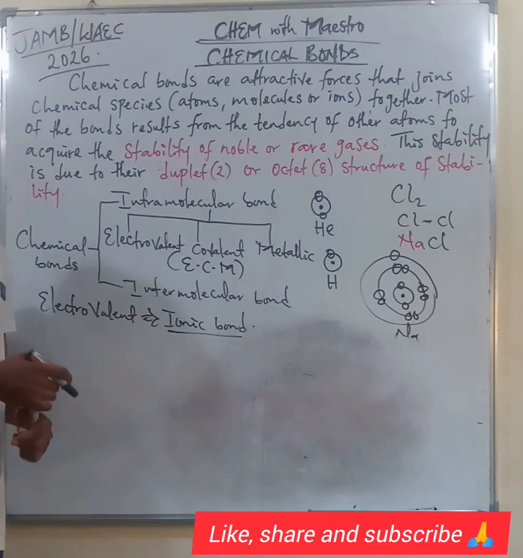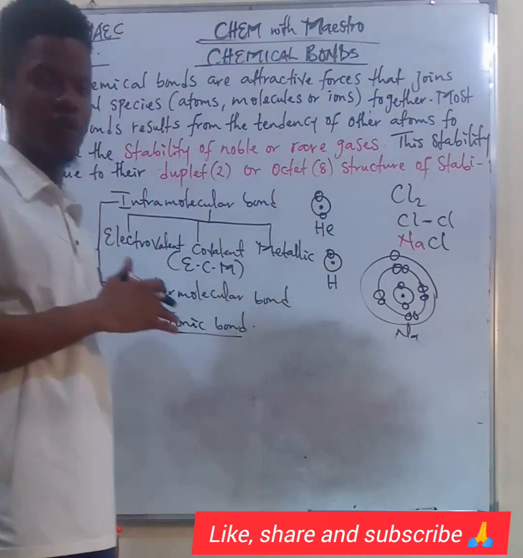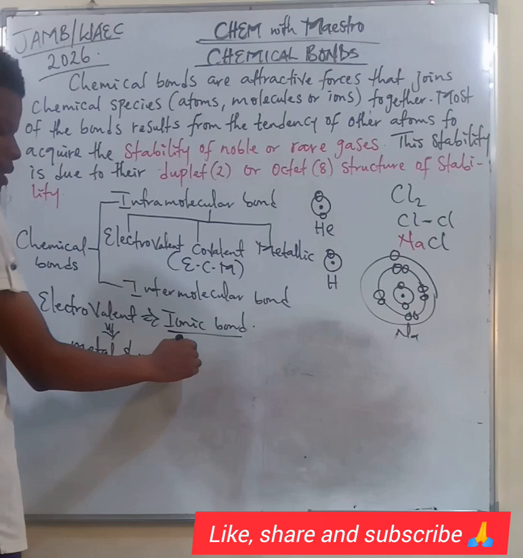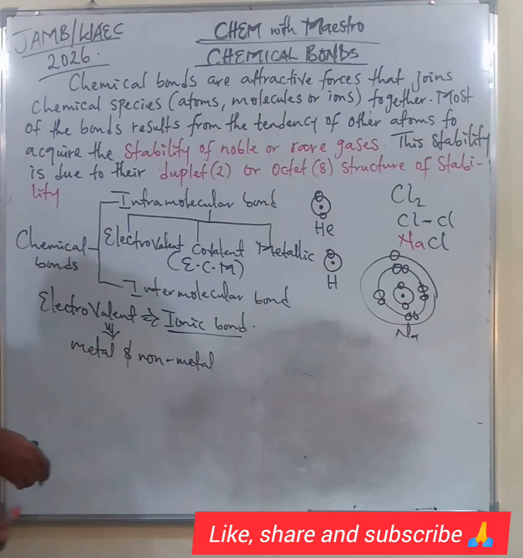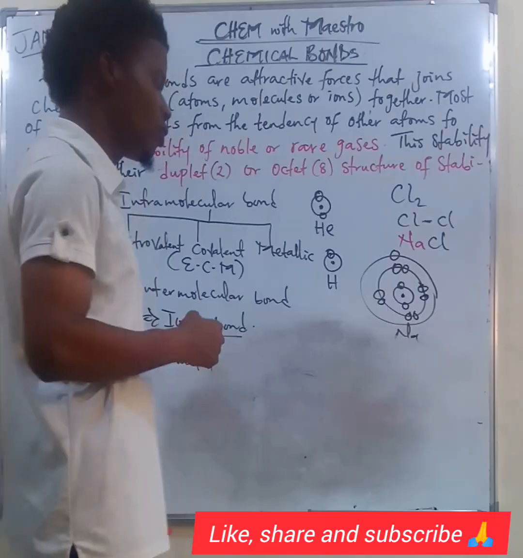Electrovalent bond is also called what? Ionic bond. Now, electrovalent bond is formed between what? This type of bond exists between a metal and a non-metal. The bond that is formed between a metal and a non-metal, what will you say it is?